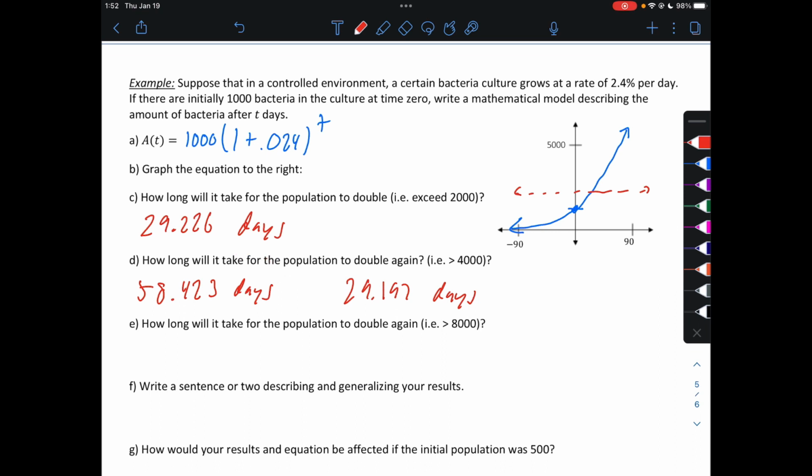All right, so how long will it take the population to double again? We're going to have to change our window this time. We have to go up to at least 8,000, so I'm going to go to 9,000. And you probably have to extend the X max as well. Let's go to maybe 150. And if we graph that, along with Y2, change that to 8,000.